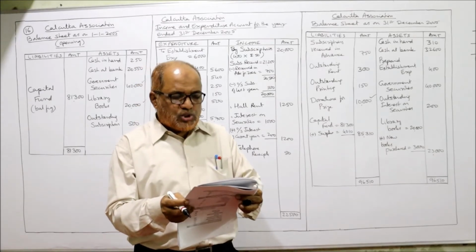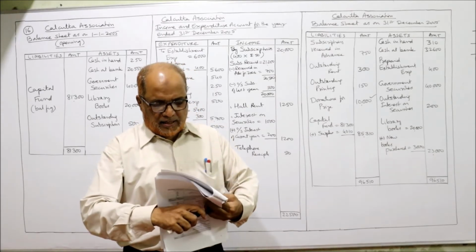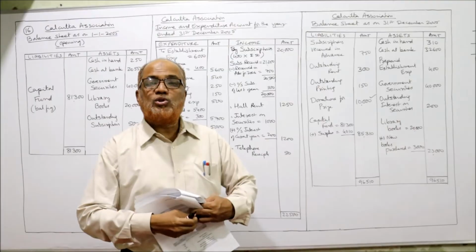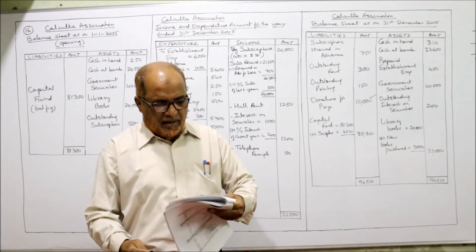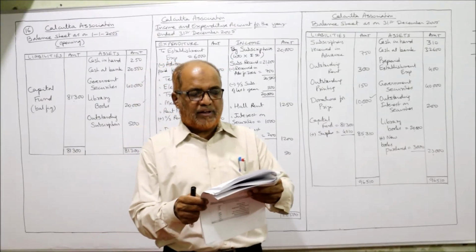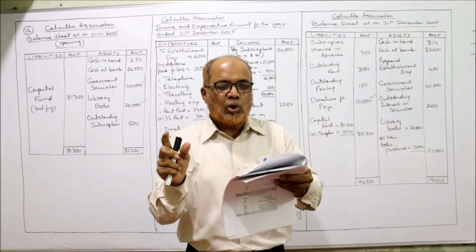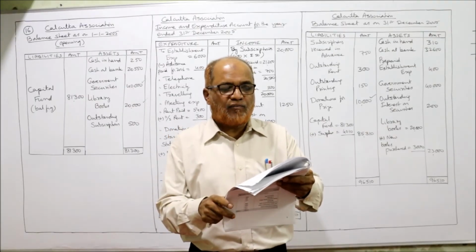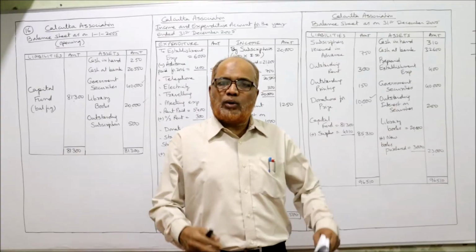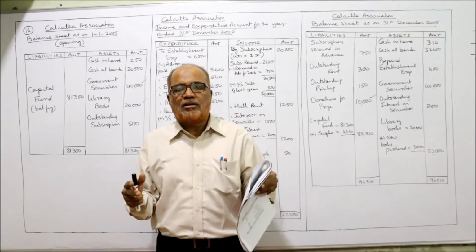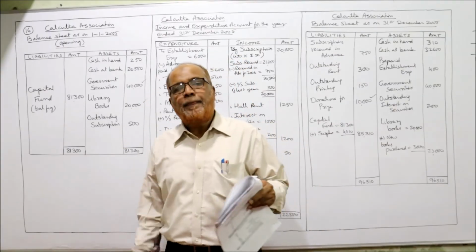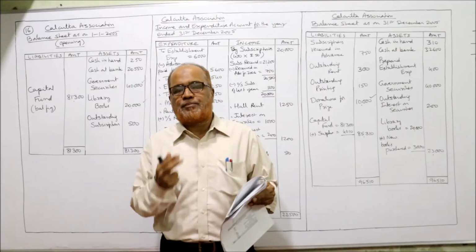Now the outstanding expenses are given: rent 300, printing bill 150. There are 400 members who pay subscription at the rate of 50 rupees per member. So in the whole association there are totally 400 members, and each member has to pay 50 rupees subscription.